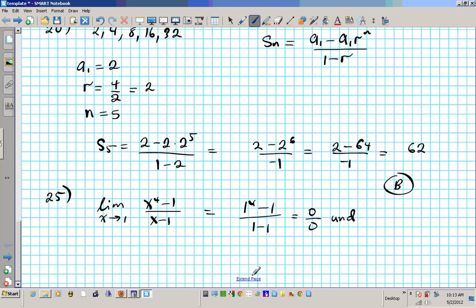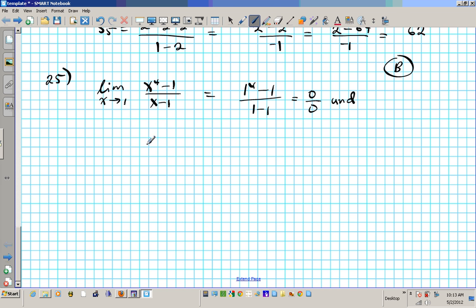Since this is undefined, we have to factor it. So how do we factor this? x to the 4th minus 1 needs to be factored. What's the factored form of x to the 4th minus 1? It's going to be x squared minus 1 times x squared plus 1.